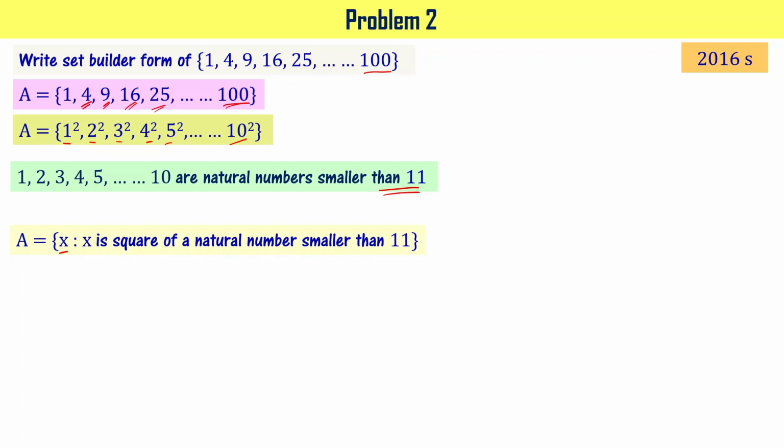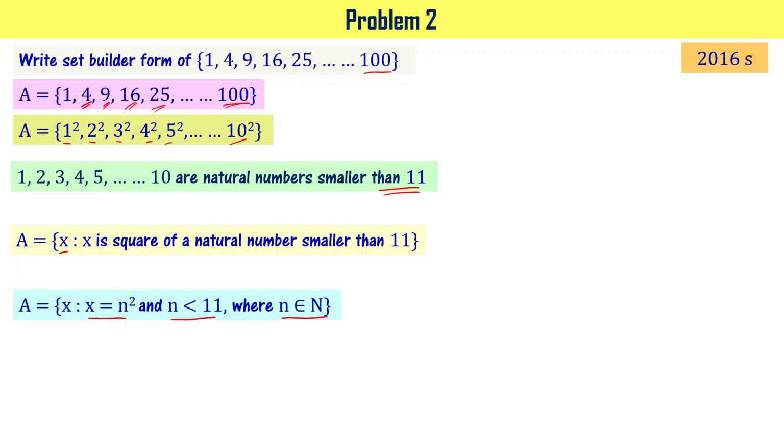Is it correct? This can also be written as A is a set of elements x such that x equal to n square and n is less than 11, where n is belonging to natural numbers.